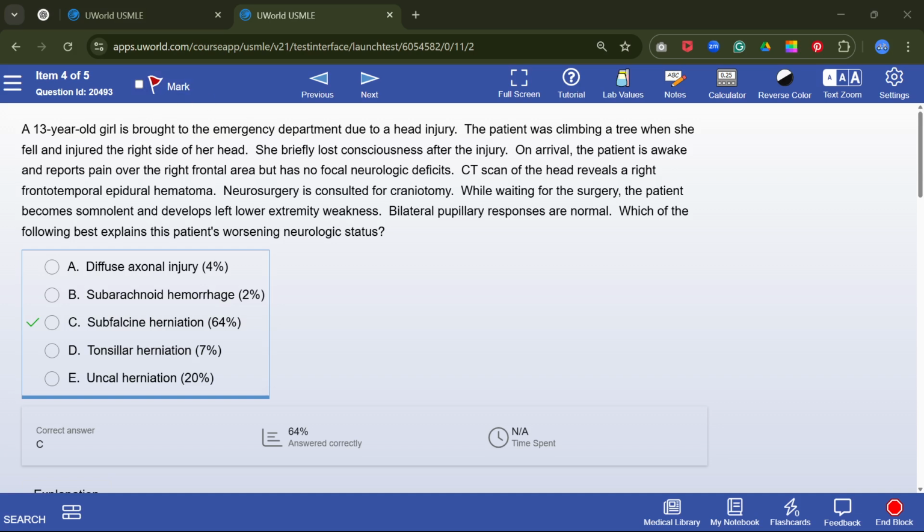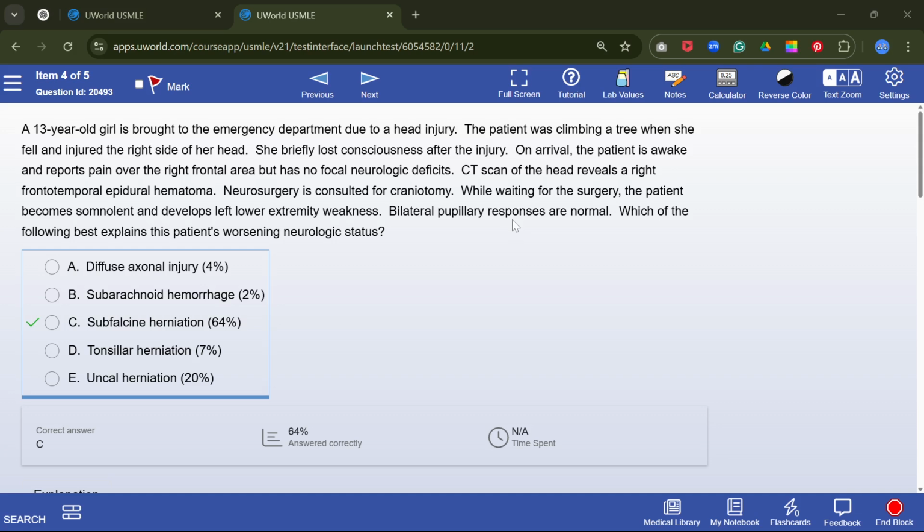Look, the CT shows a right frontotemporal epidural hematoma, and the weakness is on the left side. So it looks like the right ACA is compressed. That's why there is left lower extremity weakness. There is no pupillary problem.